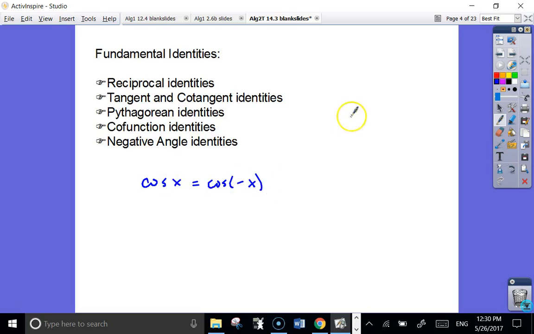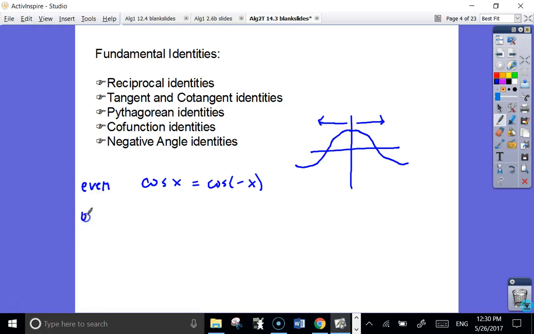If you look at the graph of the cosine, it's symmetric with respect to the y-axis. So it doesn't matter if you go a positive distance that way or the same distance the other way, the function value is the same. That's an even function.